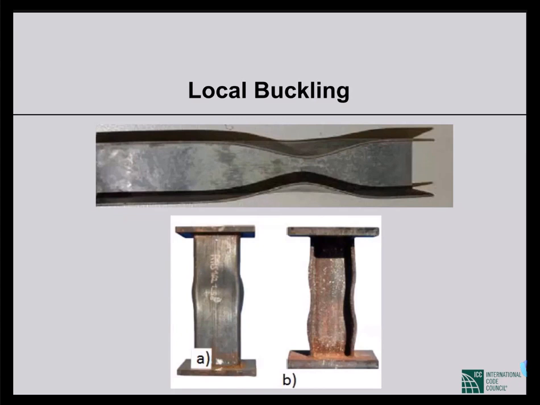Now, when the sections are thin and the members are long, they become slender, right? L by r ratio, you all know, slenderness ratio. So steel sections tend to be slender.